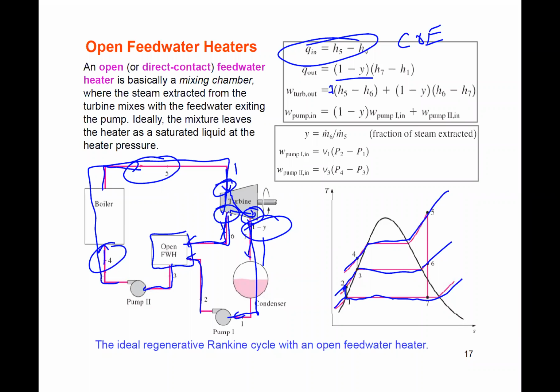Okay, isentropic. Now we have the open feed water heater that takes us 3 to 4. 3 to 4 is our pump. Again, the inlet to the pump is a quality of 0.